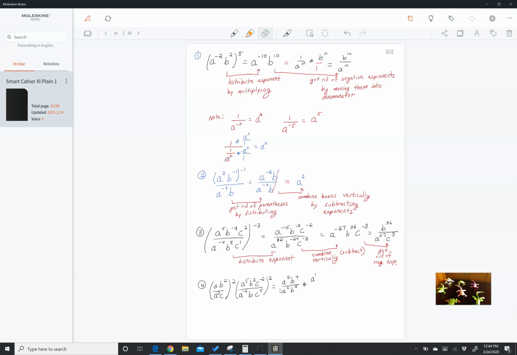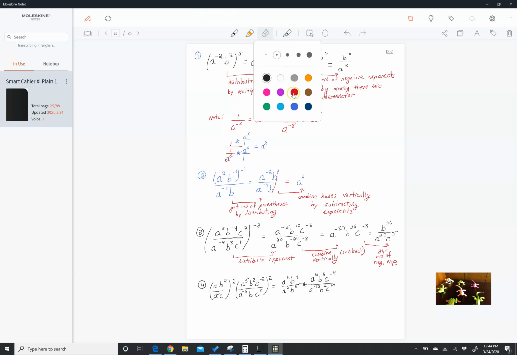So then we have a to the 10th, b to the 6th, c to the -4th, over a to the -12th, b squared, c to the 10th. And because we're multiplying, we can just extend this line.